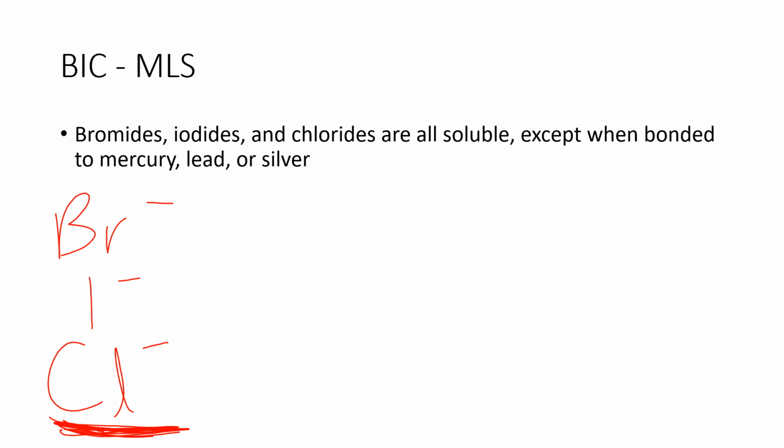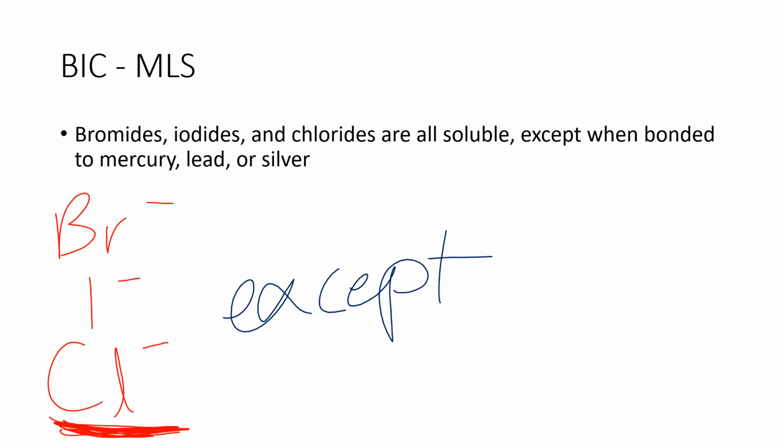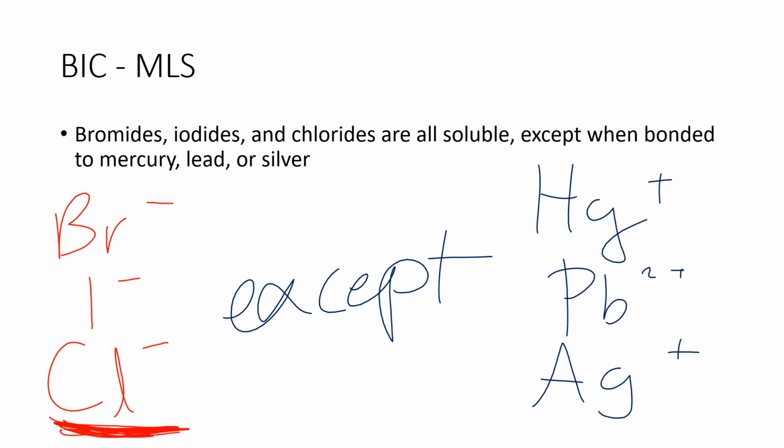If you see any ionic compound with these as the anion, they will be soluble in water, except when the cation is mercury, lead, or silver. These are the 3 exceptions that will make these 3 halides insoluble. Otherwise, they will be soluble.